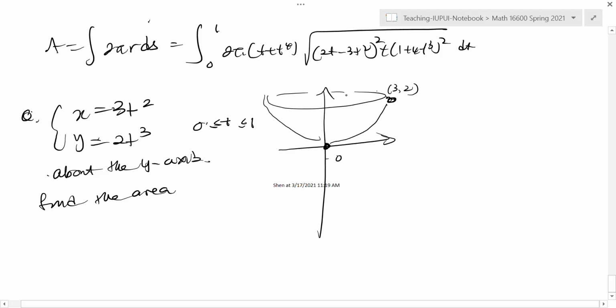So first step, you take a point on the curve and draw the radius. So you mark it clearly, the radius is equal to x. Okay, in our particular case, x is going to be 3t squared.